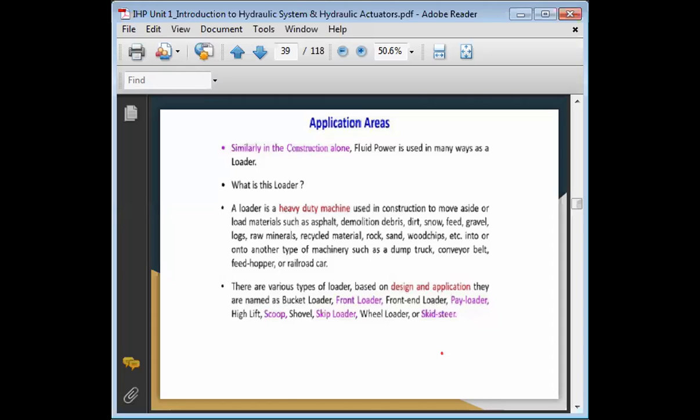We know that in the construction industries the hopper is used. So these are the various ways where fluid power is used in the construction field.